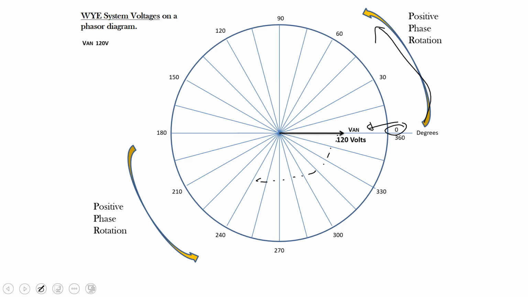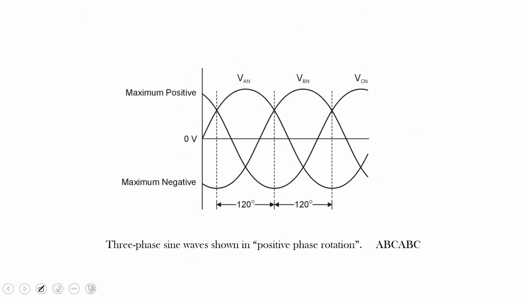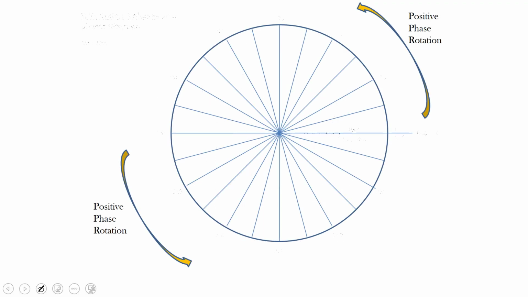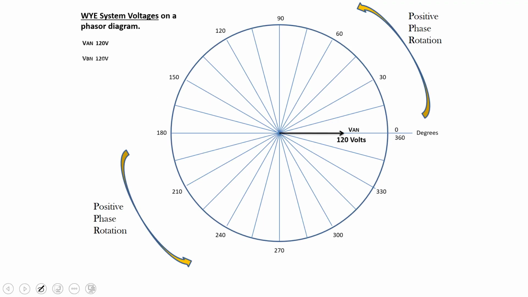So 0 is the same as 360. 360 minus 120 to go lagging gives us 240. So if I see that again here, VAN is right here, 120 degrees later is VB to N. If we put that on the diagram, VB to N is 120, and we would have to plot it on our phasor diagram back 120 degrees, so it would be at 240.